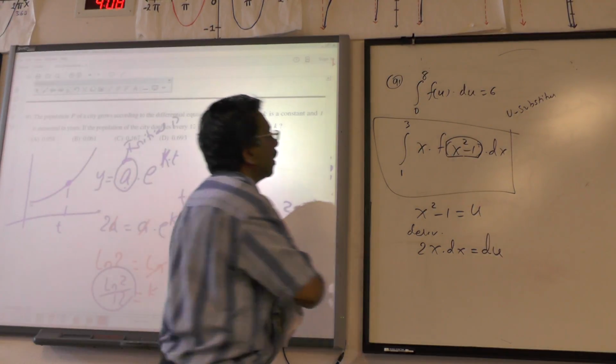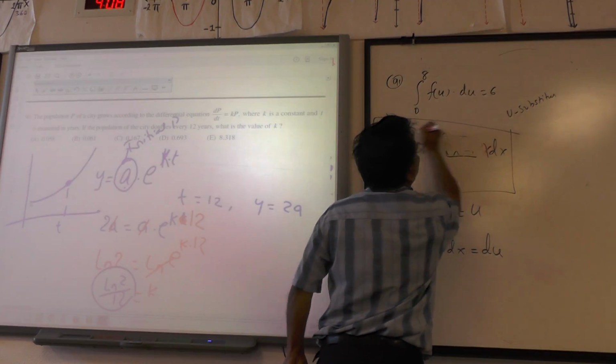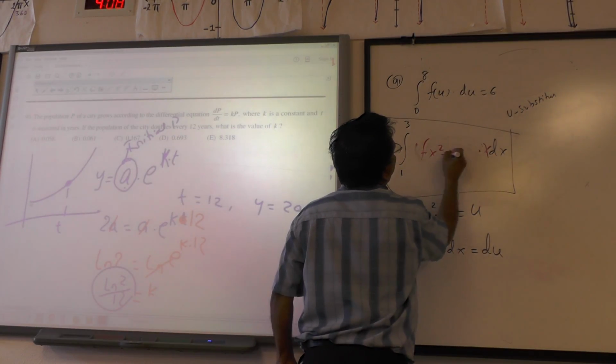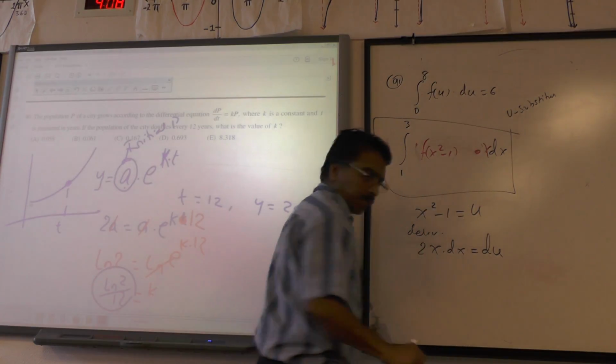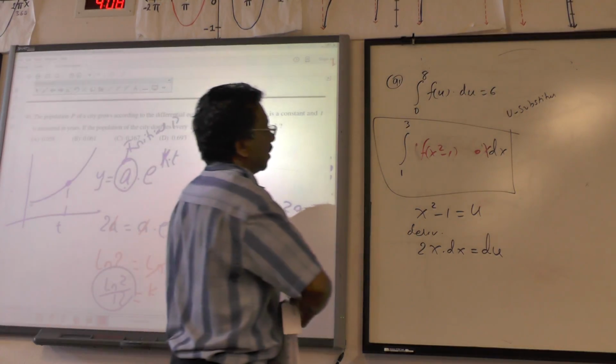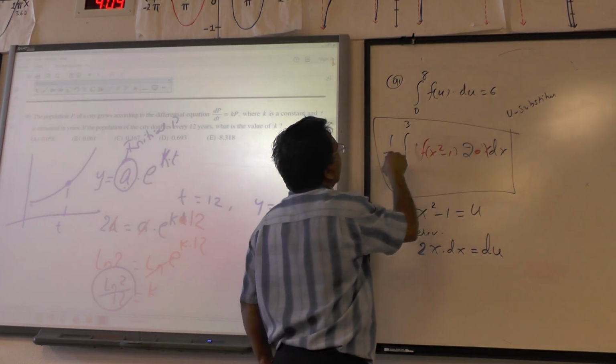So what's going on is, I can write this x over here, and this I'll move like this, f of x squared minus 1. And then I kept a small space there, because there's a 2 here that I want to write, and then I divide by 2 to balance it.